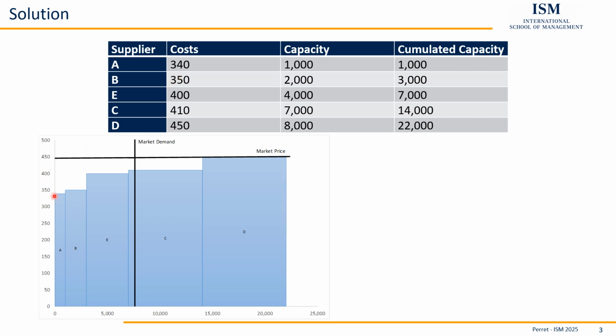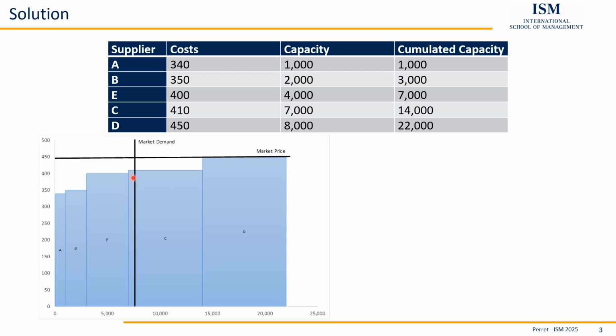So here I have 340, 350, 400, 410, and 450. So that's how I get those blocks describing the situation of each of the suppliers active in the market.